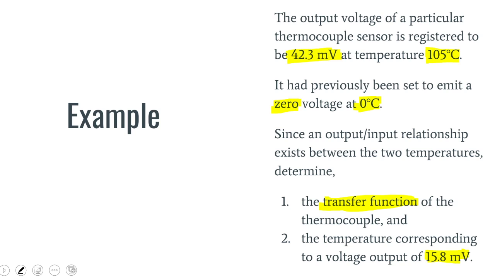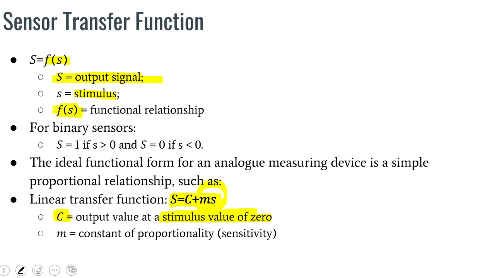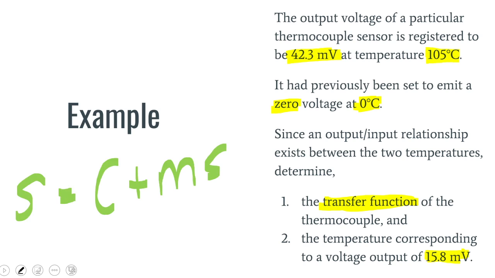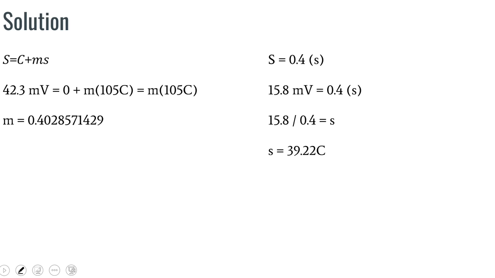15.4. If we again go back to a simpler linear transfer function, we can try to map the information that we have into a transfer function such as this, and solve it to find these two answers.